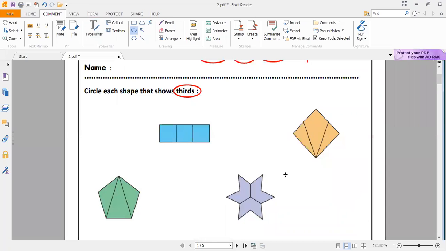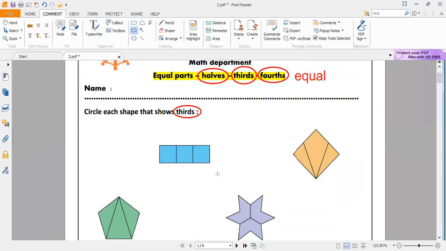Does this shape show thirds? The blue rectangle? This one? Yes. Why? Because it's equal parts. Three equal parts.